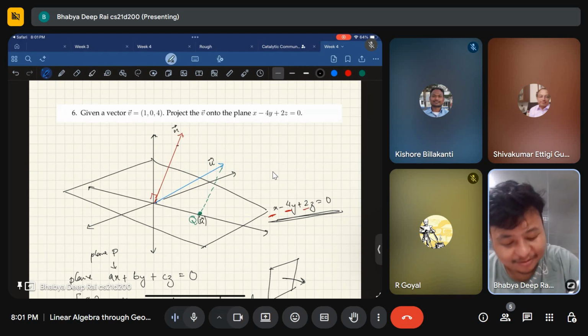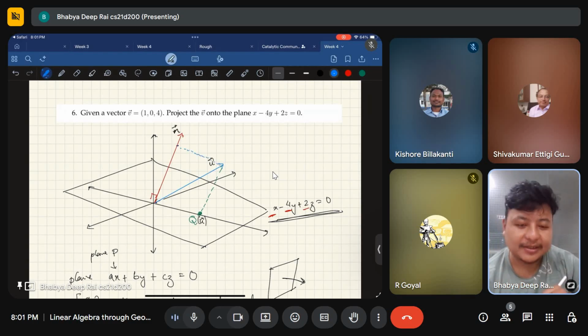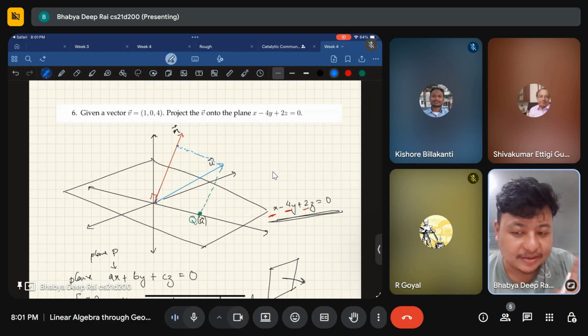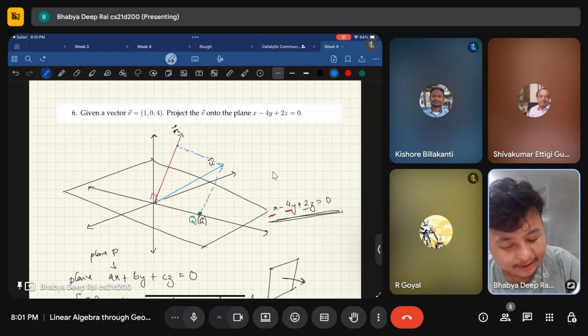But now what do I know? All I need to do now is project u onto this guy. If I project u onto the red, which is the perpendicular, I will get this, which I'm showing in green.